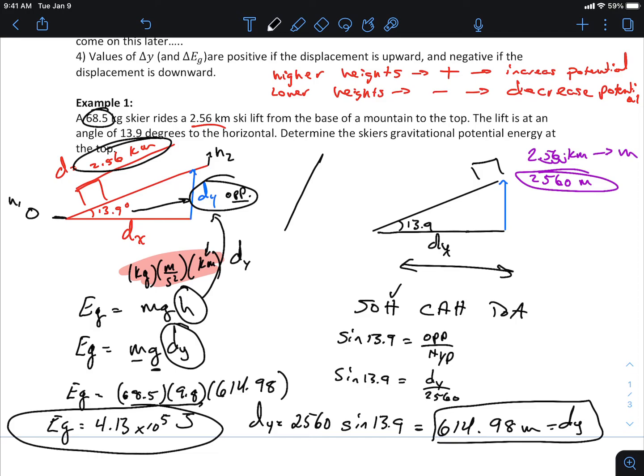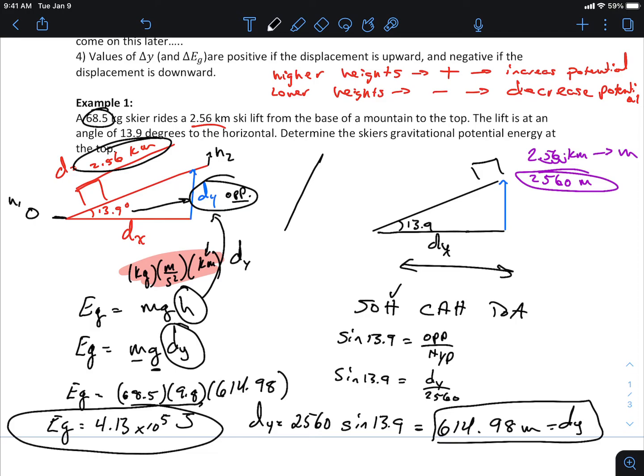So if the skier is able to convert all of that potential energy, which isn't 100% true because you're going to lose some energy to friction with the skis, but let's just say it was frictionless, what would be the velocity that the skier could reach by the end of the hill? That's something we could solve tomorrow.